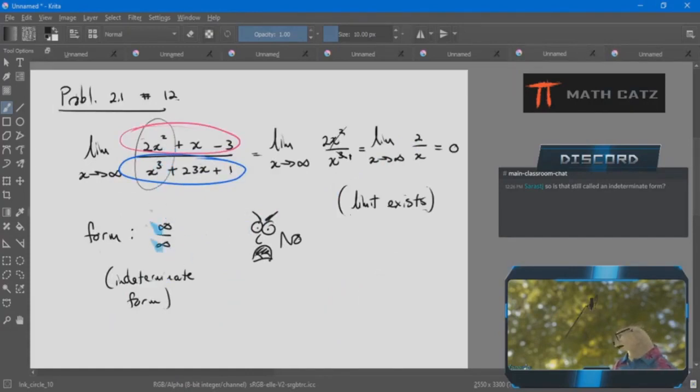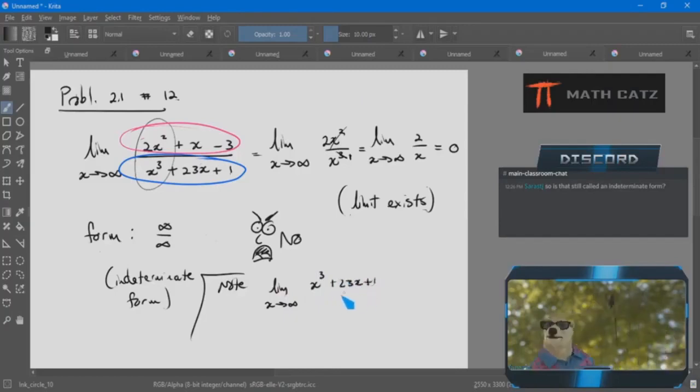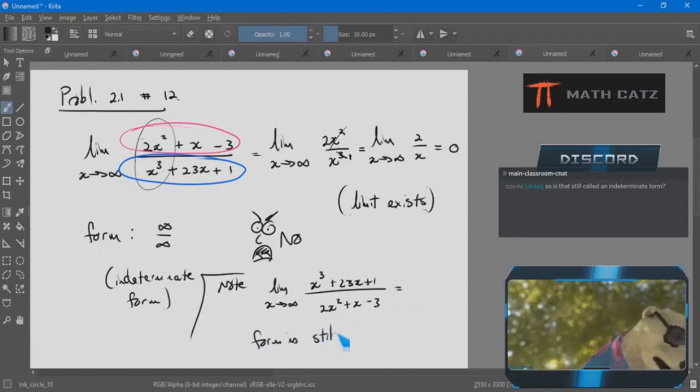Look at this. This indeterminate form came from this rational function, but if I flipped it around, let's say note here, if I looked at the limit, same x behavior, but I flipped the numerator and denominator, plus 23x plus 1 over 2x squared plus x minus 3. The form is still infinity over infinity, right?